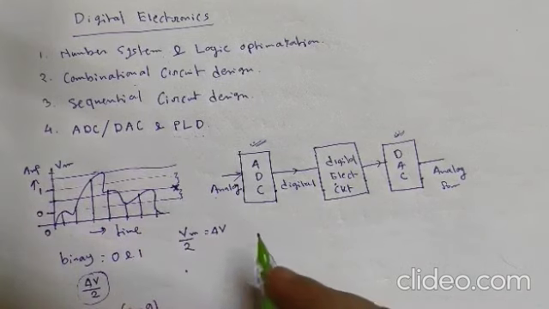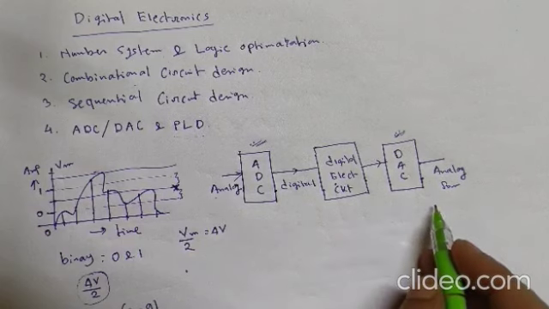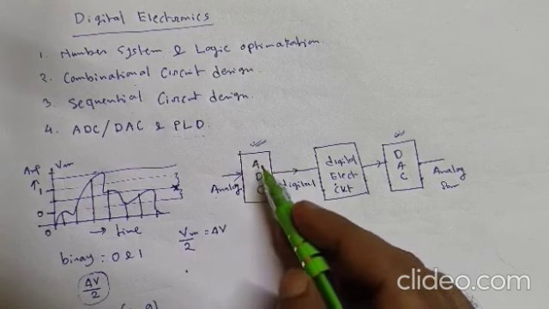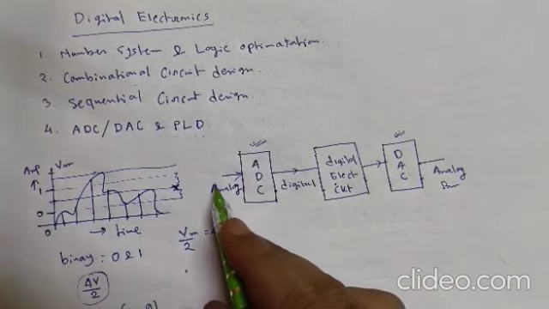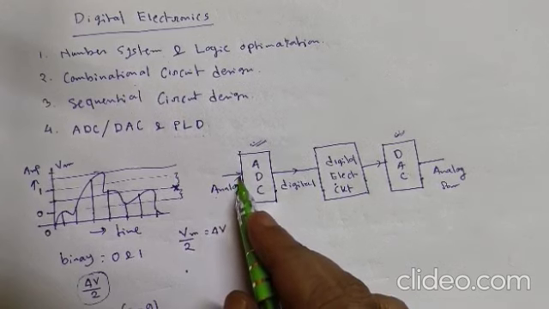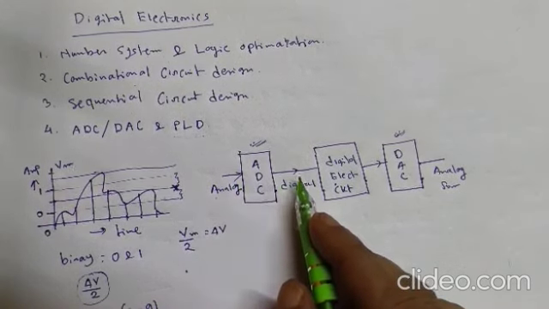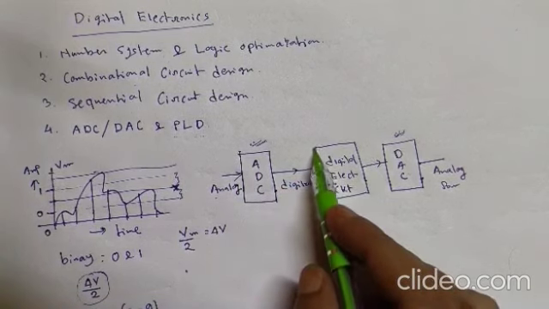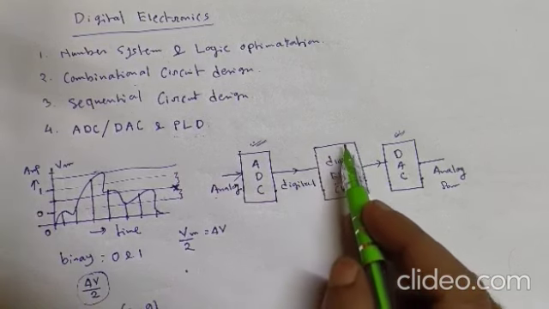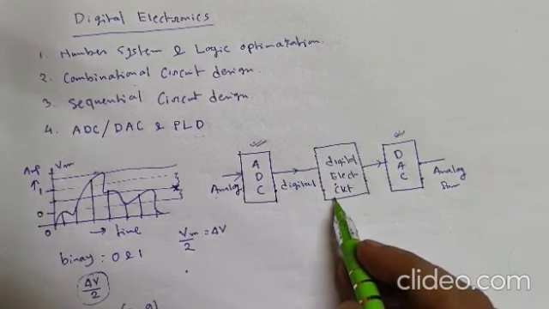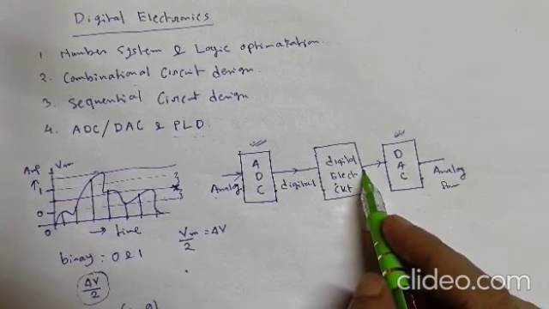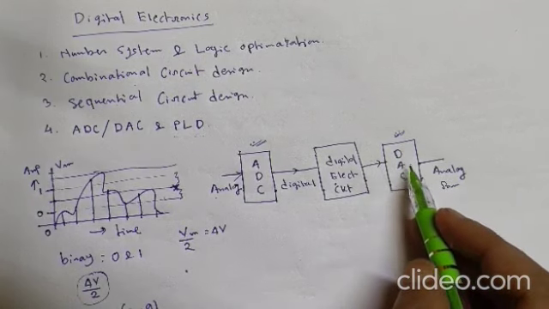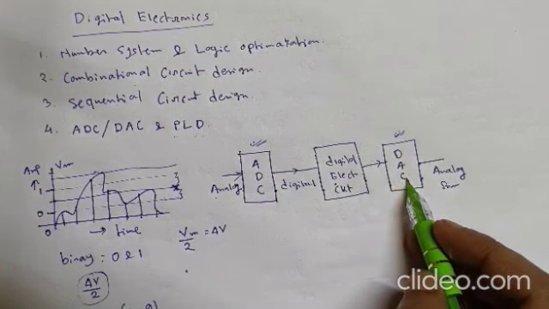Also, we discussed the digital system, where the analog to digital converter converts the analog signal and produces the digital version of the analog signal, and then the digital signal is processed by the digital electronic circuit and converted back into analog form by the digital to analog converter.